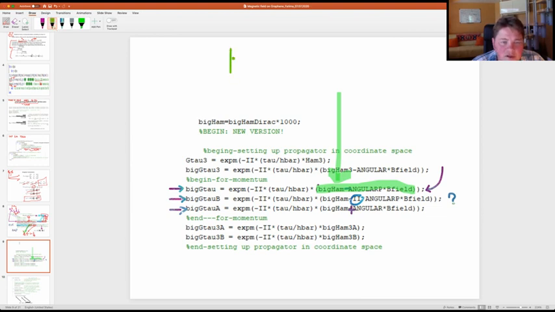It should be like H equals H naught, which is tight binding, minus magnetic field times LZ. And then this Hamiltonian is plugged into the evolution operator.